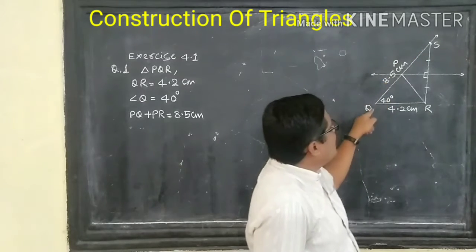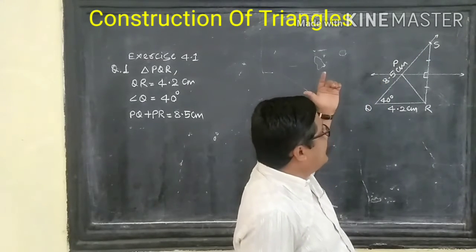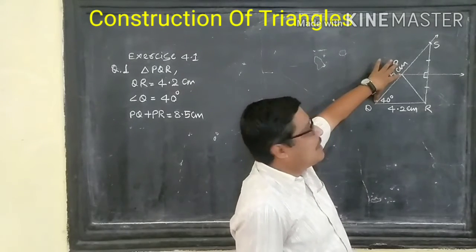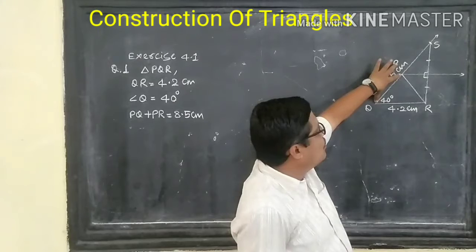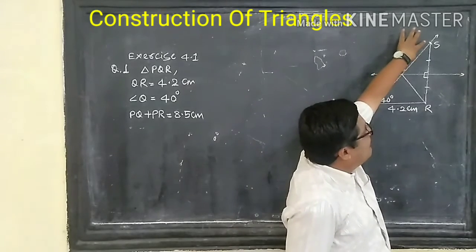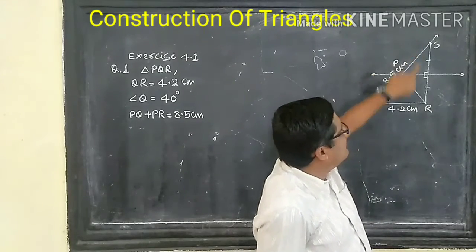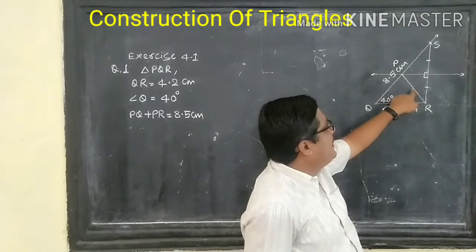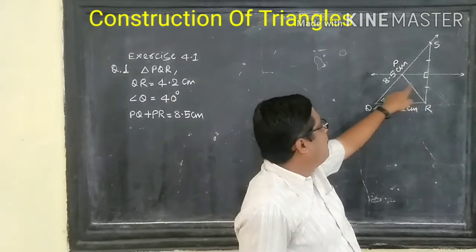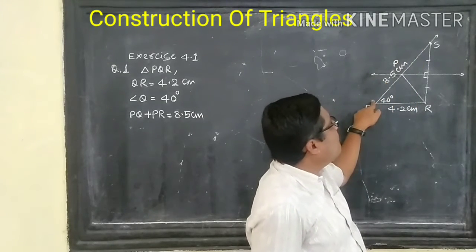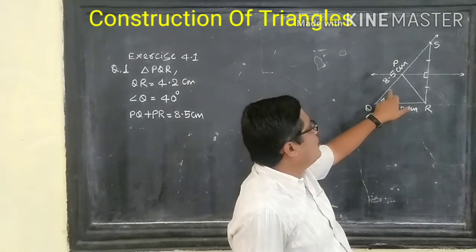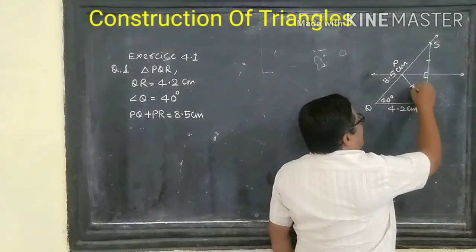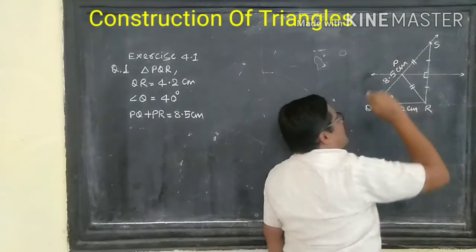Now QS is sum of length of two sides, but here this is one side of the triangle PQR, that is PQ, plus this is PR, but this PS is congruent with PR, therefore this length and PR is same, therefore this sum will be equal to the sum of length of PQ plus PR. So in this way we can construct the triangle.